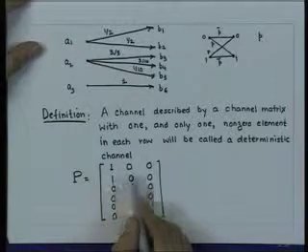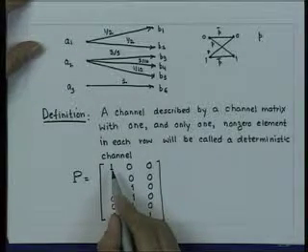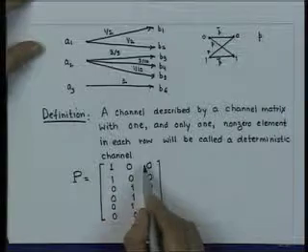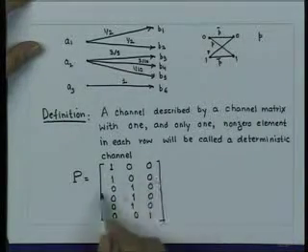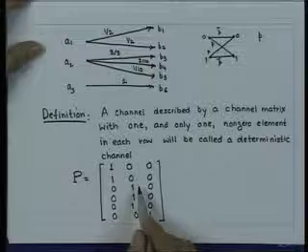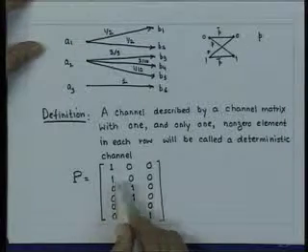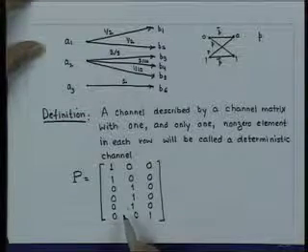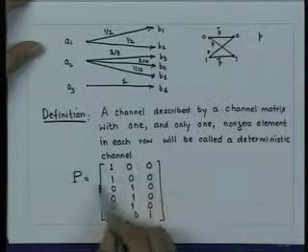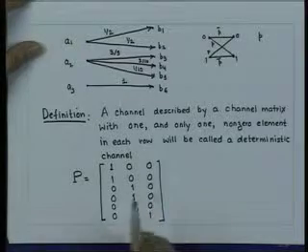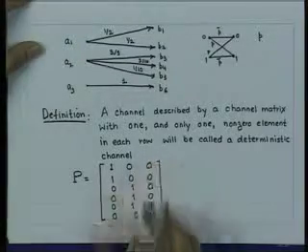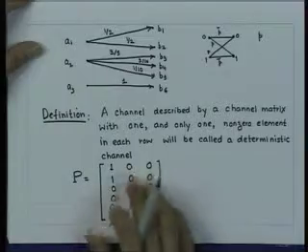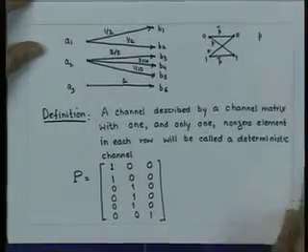Now, since in this channel matrix there is only one non-zero element in each row, and since the sum of the elements in each row must be 1 for a channel matrix, it implies that the elements of a deterministic channel matrix are all either 0 or 1. The channel diagram for a deterministic channel will look as follows.